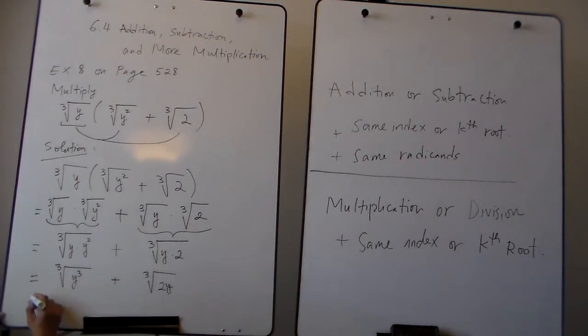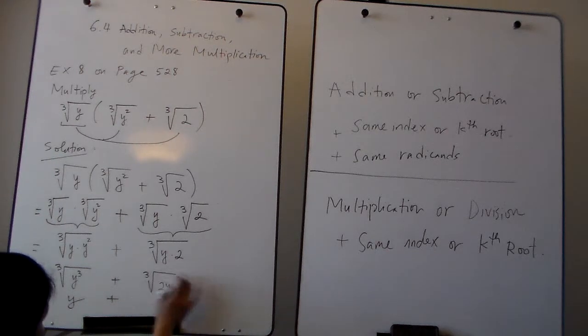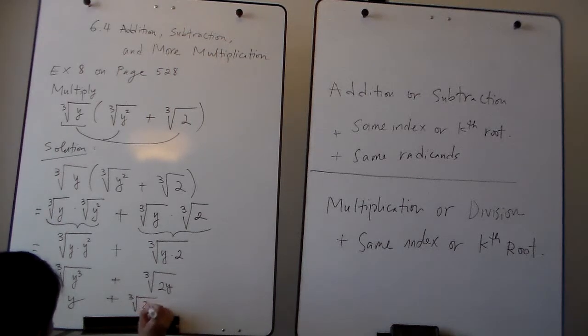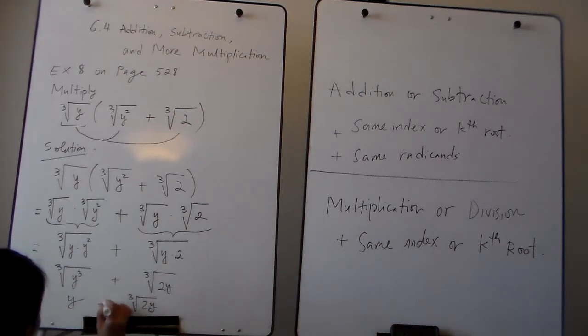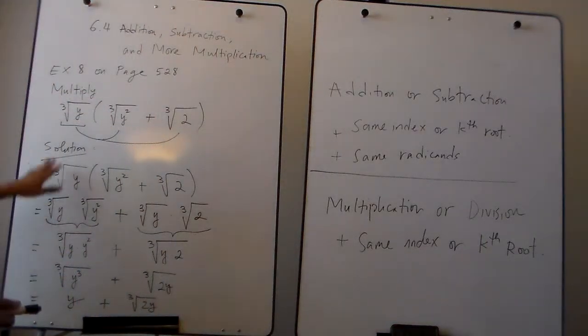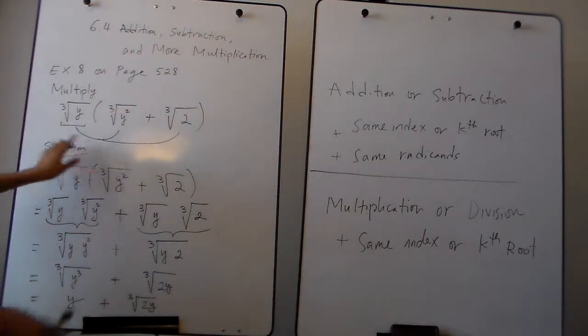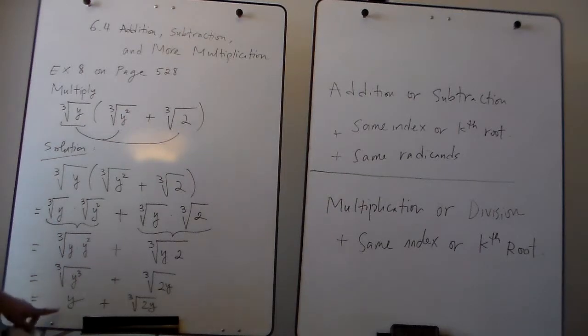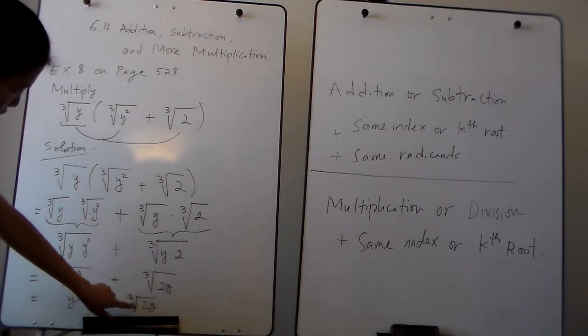So the answer is y plus, and this one you cannot simplify any further, the cube root of 2y. So the answer for multiplying these two factors is y plus the cube root of 2y.